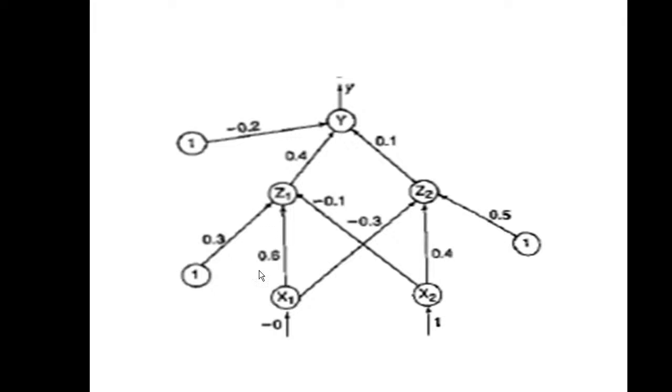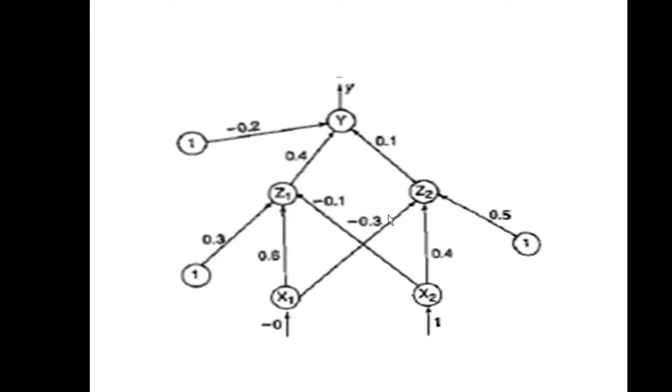Now for Z1 we are writing what different weights are coming. From x1 coming, x2 coming, and this bias is coming. So that's why I have written 0.6, that is V11. V21 is minus 0.1, and V01 is 0.3. Now similarly for Z2 we will write. First from x1 it's coming, minus 0.3.